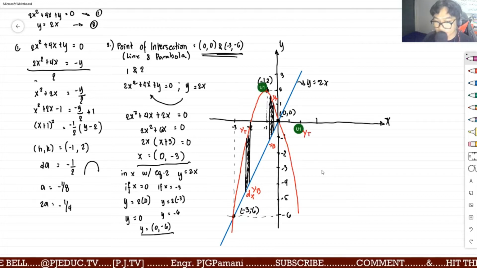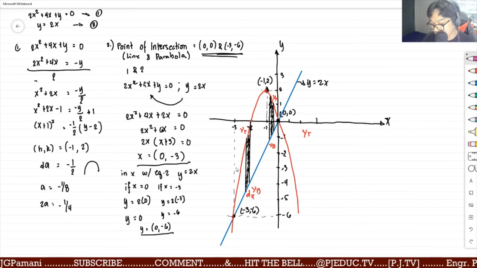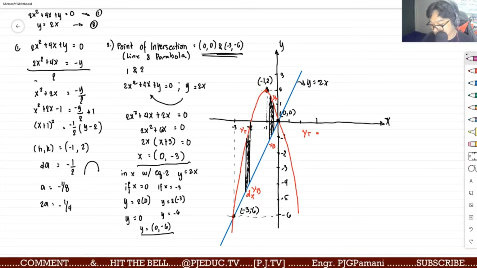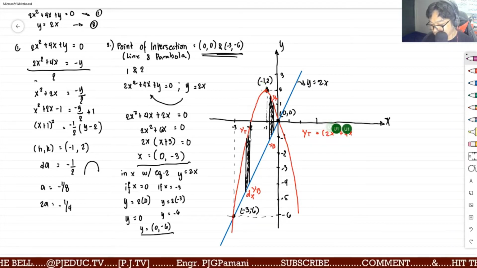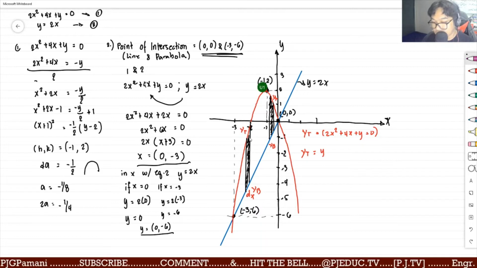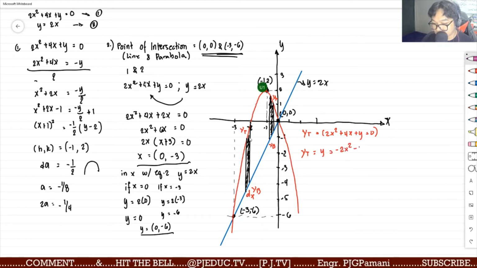Y top is equal now to the strip part of the parabola. That is simply, ano yung section yan? The parabola. That is 2x squared plus 4x plus y, right? Just the same. Simplify lang natin in terms of y. Y is simply equal now to -2x squared minus 4x.